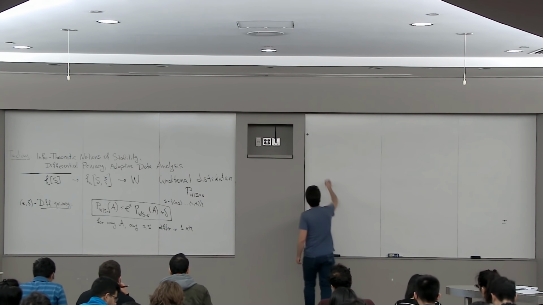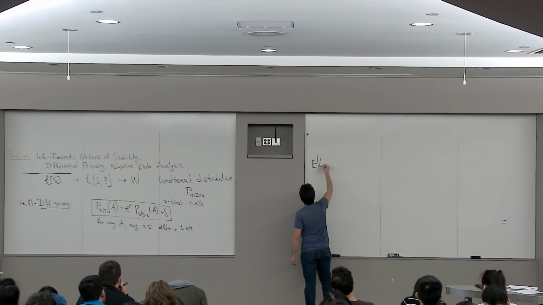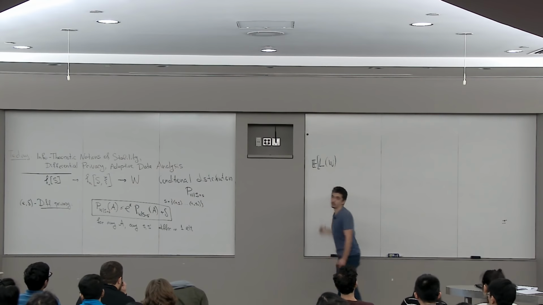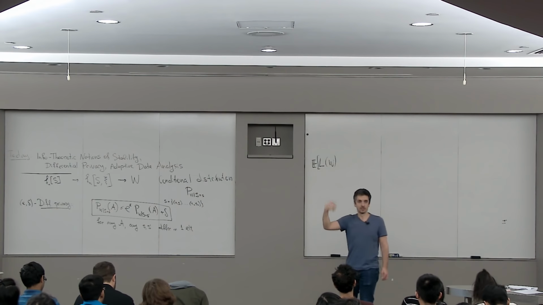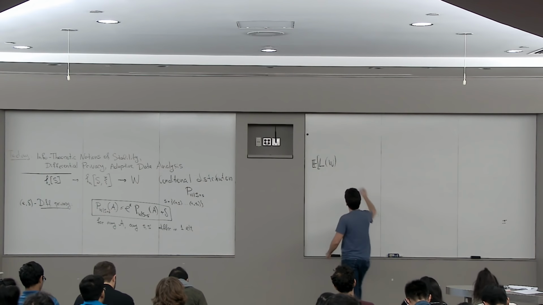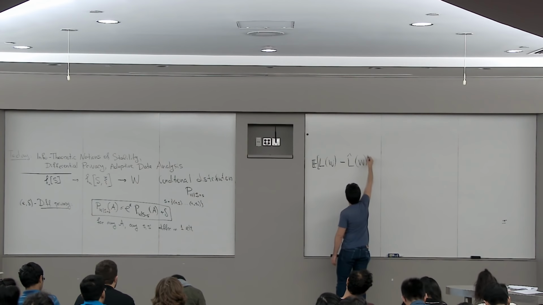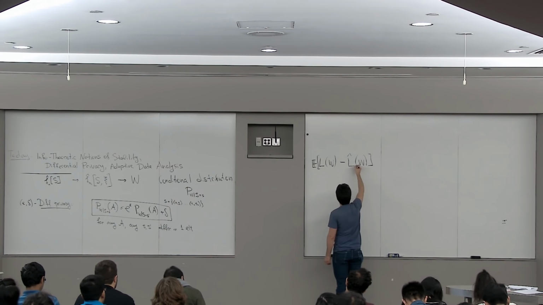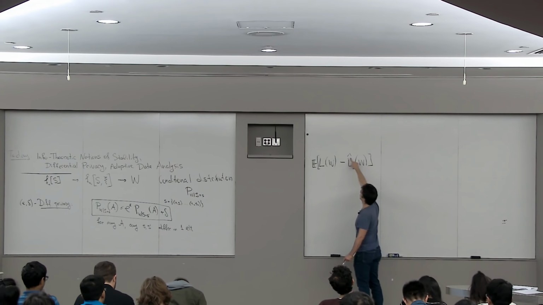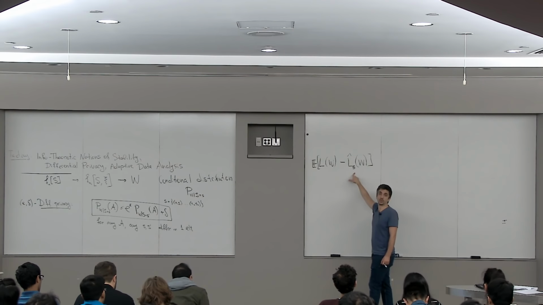So remember that what we studied is this expected L of, now I'm going to call it W, because it's the f hat of the data set, but now I'm just going to call it W, minus the empirical loss of W, where this is under S, and it is the same S on which the W is evaluated and on which it was trained.